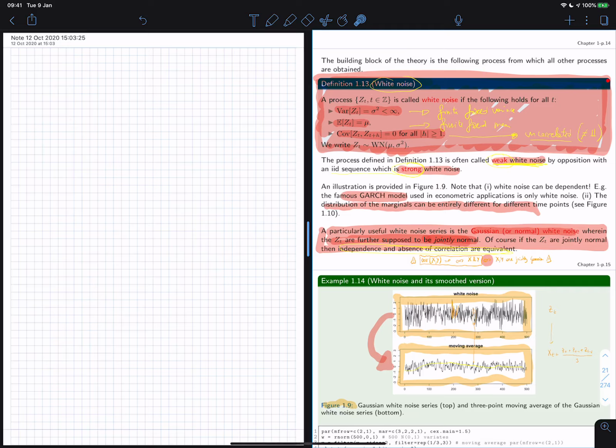It's just as easy to do it in the general case, and anything that will be true here will also be true there, whereas it's not true the other way around, because of course not all random variables are Gaussian, and not all interesting white noise sequences are independent.